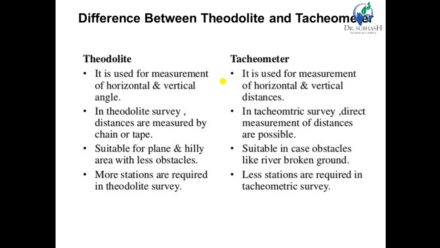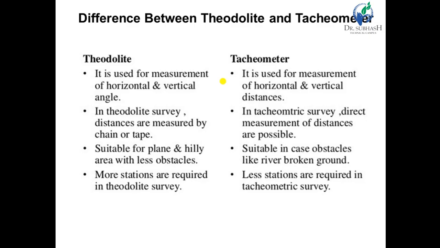In theodolite survey, distances are measured by chain or tape, but in tachyometry survey, direct measurement of distances is possible. The theodolite is suitable for plain or open areas with fewer obstacles, but the tachyometer is suitable for broken ground and places with more obstacles.